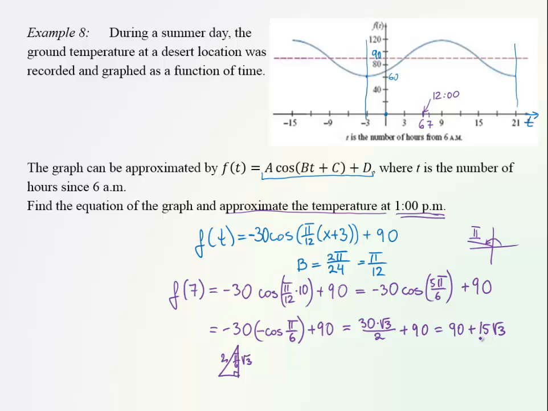So that's the exact number. I've done it just because I wanted you to recall how to deal with special angles, but you're welcome to plug it in the original expression into the calculator and approximate the value. So this is approximately 116 degrees, most likely in Fahrenheit.